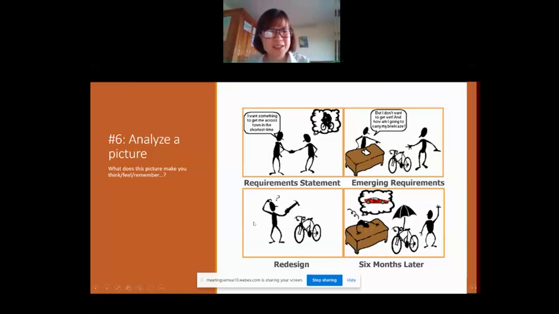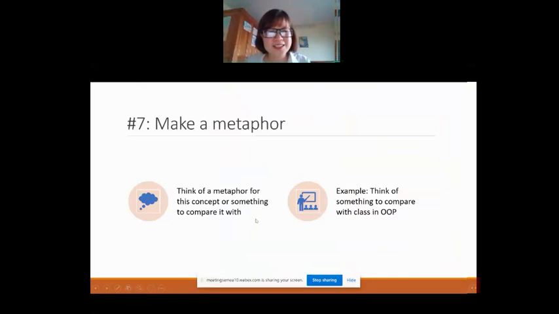The seventh one is to make a metaphor. This one, you will give a concept or some terms, and require students to think of a metaphor for this concept, or think of something to compare it with.